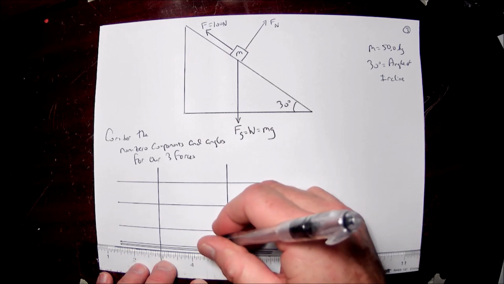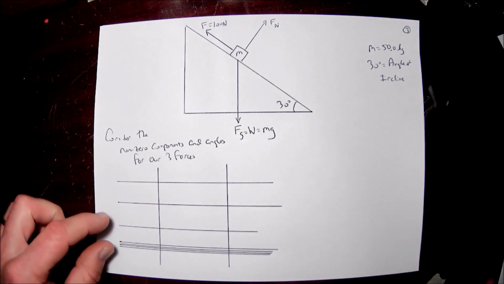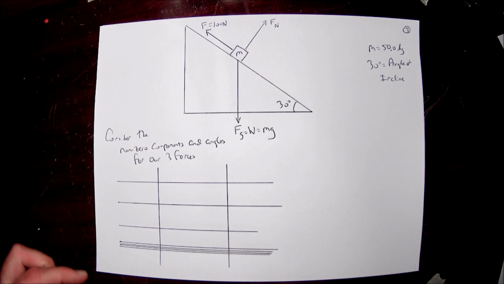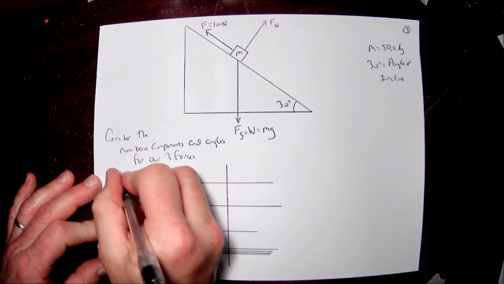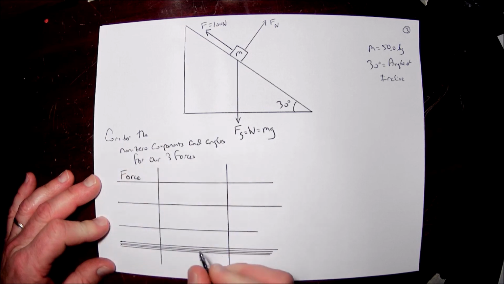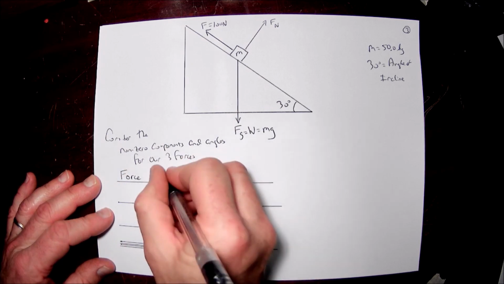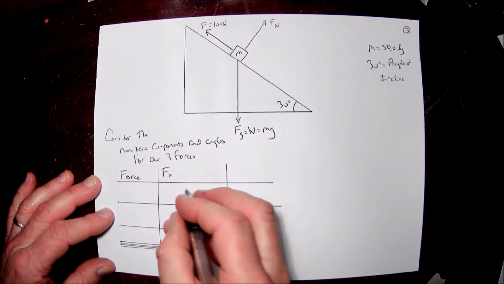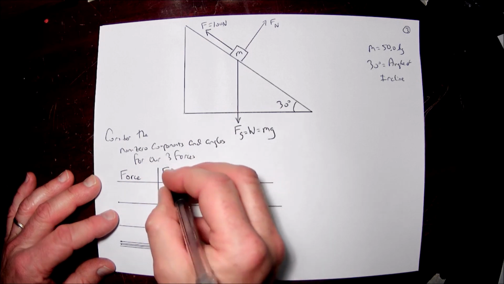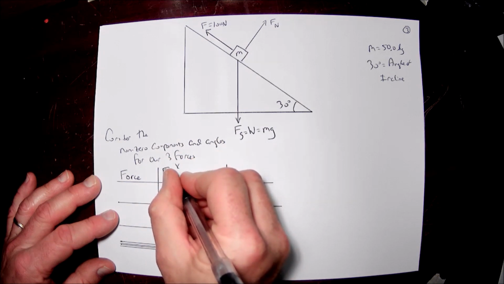My objective is to make a little division between these and that down here, which you'll see. I'm going to label this column as force, and this is going to be Fx, the X component.